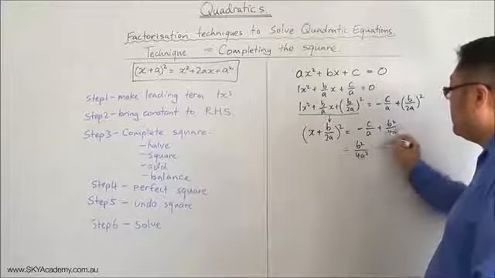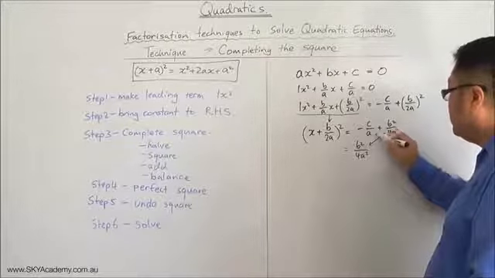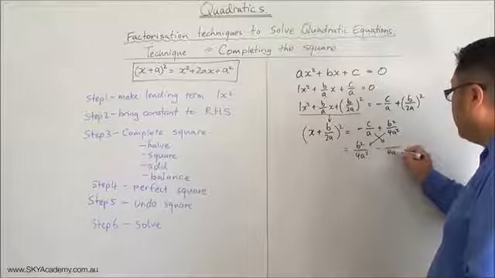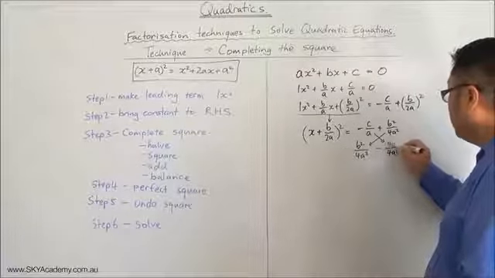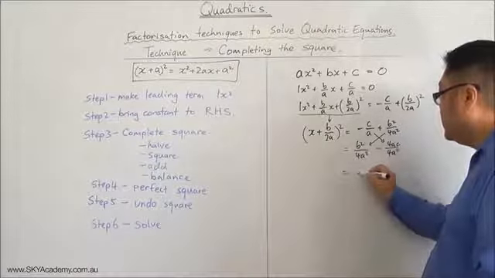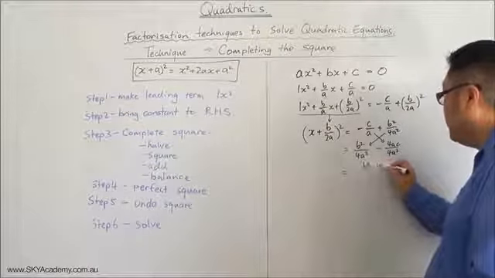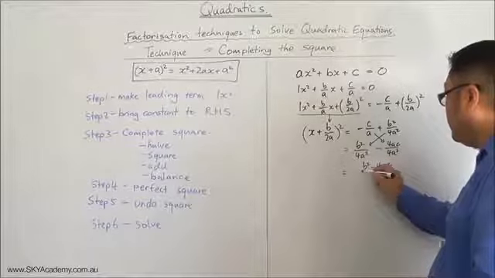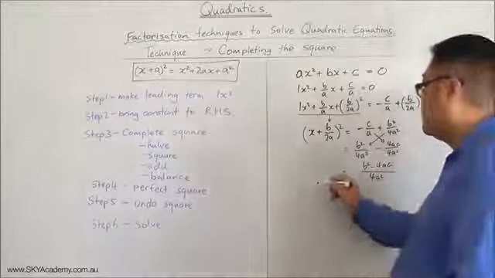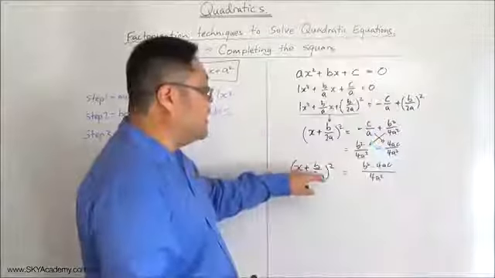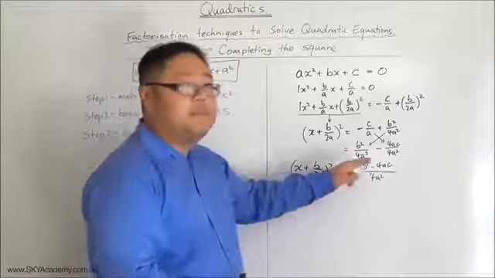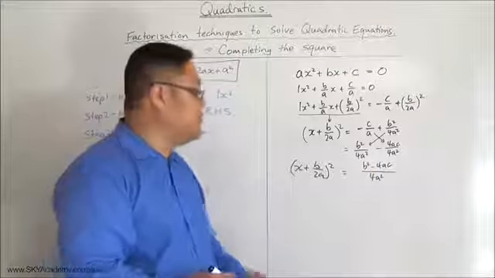So bring that over to this side, that goes here, and bring that over to this side, and it should be minus 4ac on 4a squared, and then that is equal to b squared minus 4ac all on 4a squared. So the perfect square is equal to that, okay, that monstrosity of an algebraic term.